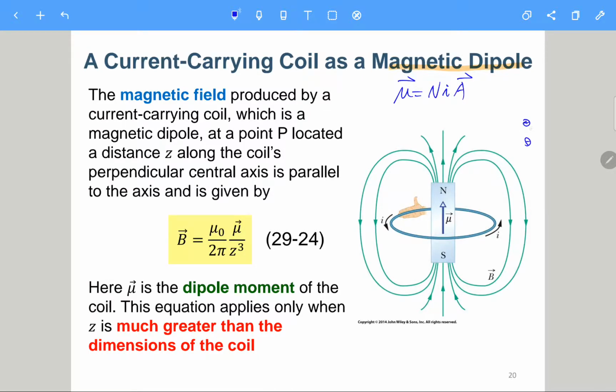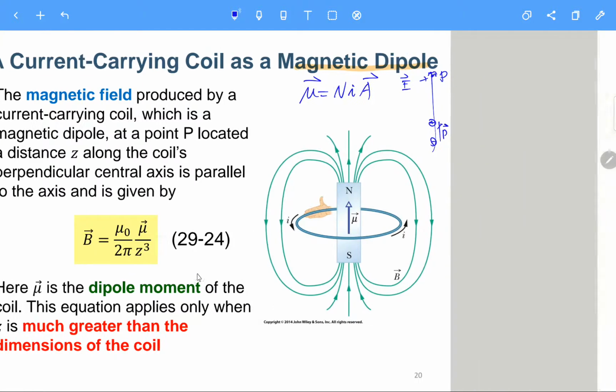If we have an electric dipole here, then we can calculate the E field at this point on the z-axis. Similarly, now we have the magnetic dipole, maybe a current carrying coil or a magnetic bar, and we can also calculate the B field on the z-axis.